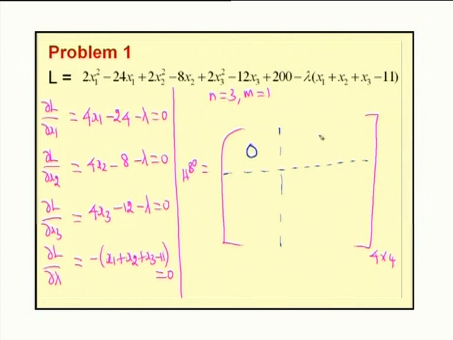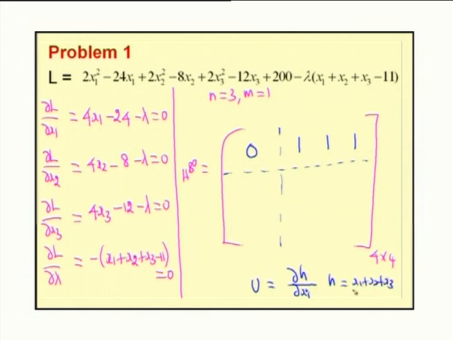Therefore, for this problem, the U matrix is 1 1 1, because we know U equal to dou h by dou xj. Now, our h of x is x1 plus x2 plus x3.